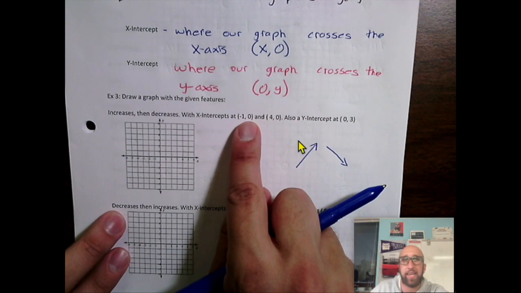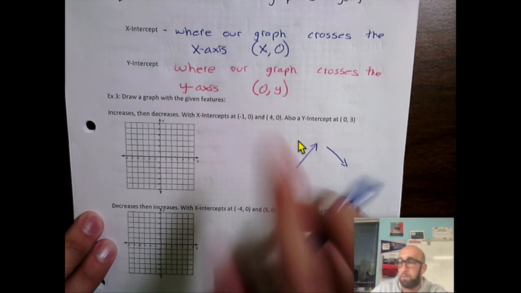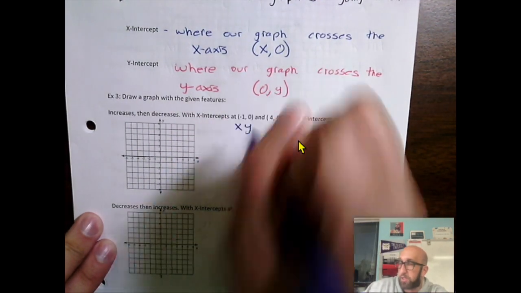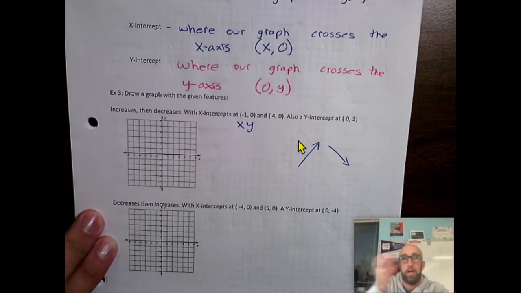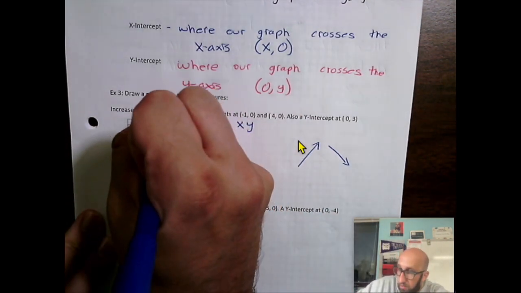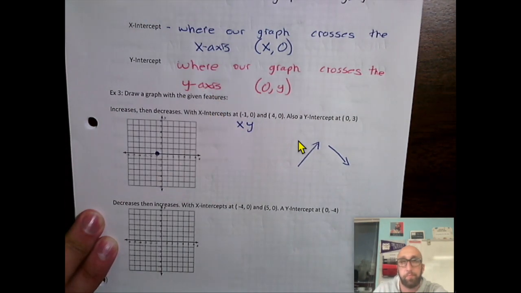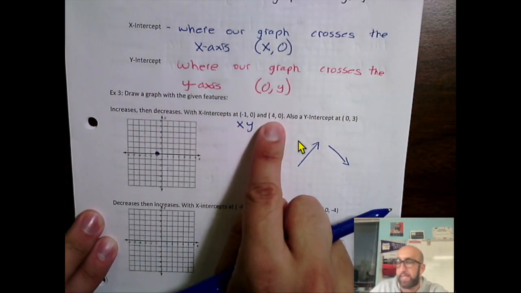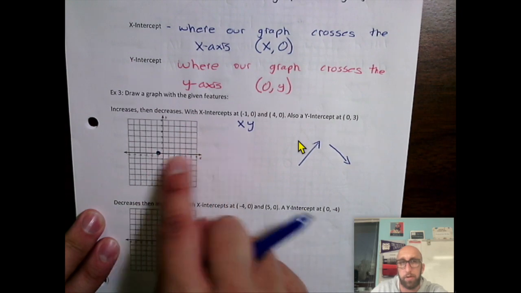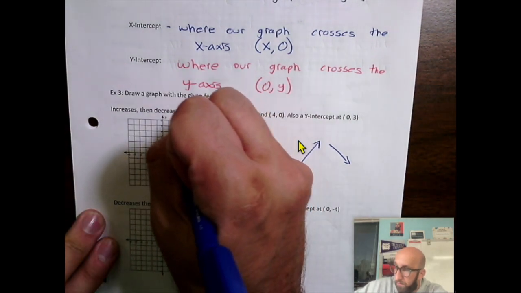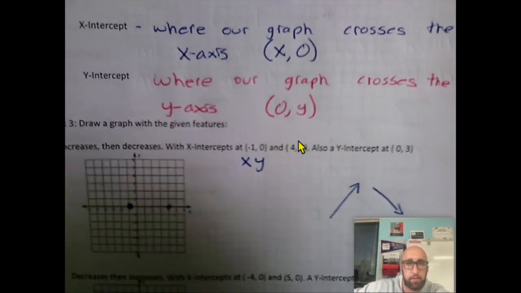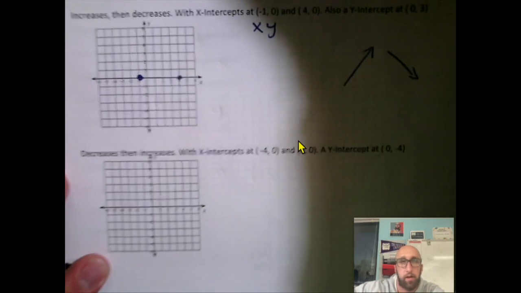So if I'm at an x-intercept at (-1, 0), remember that's x first, then y, so I move to -1, and then a 0 is not moving anywhere, so (-1, 0) is right there. And then I need an x-intercept at (4, 0), so I'm going to go on the x-axis to 4. There you go.